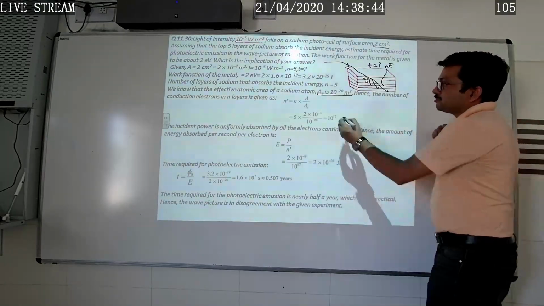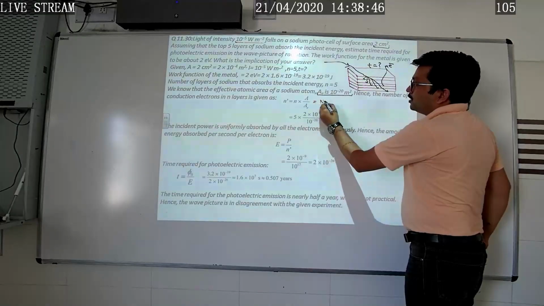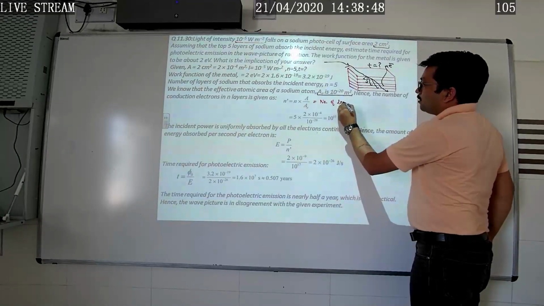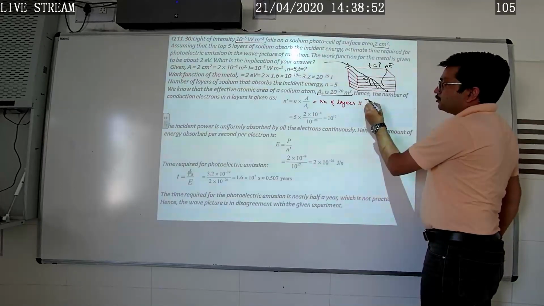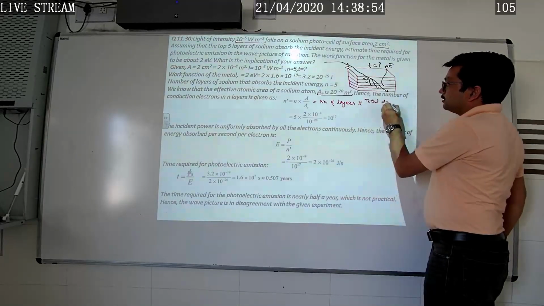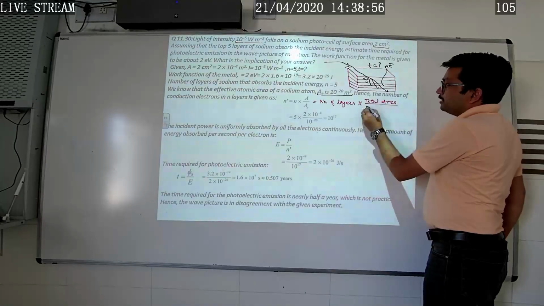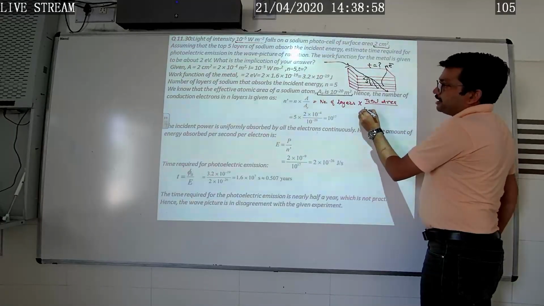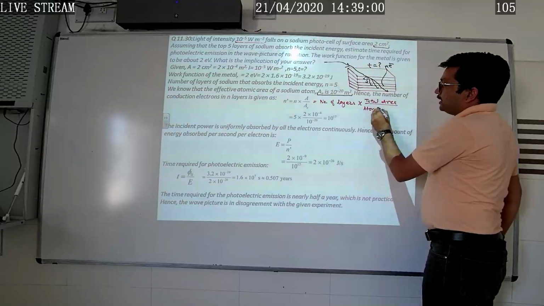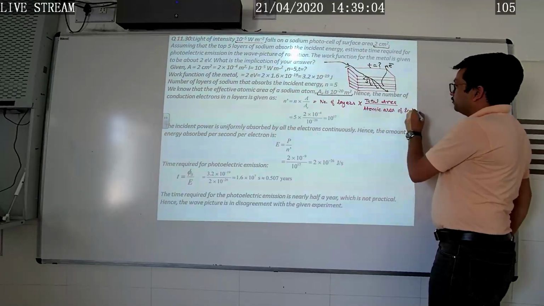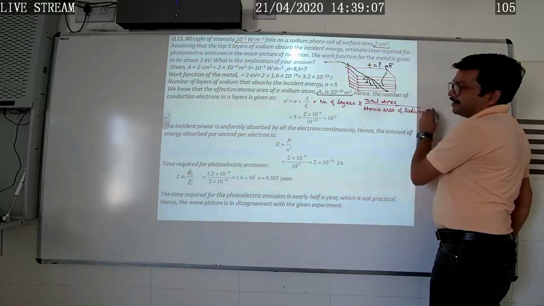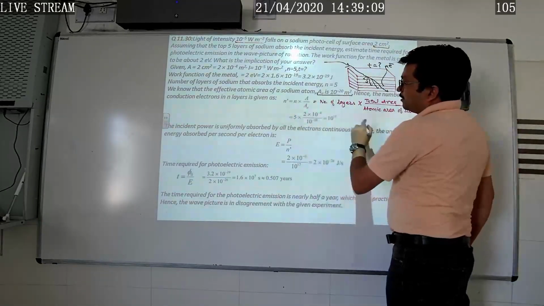How have we written this formula? That is, the number of layers of sodium multiplied by the total area divided by the atomic area of the sodium atom. So that's why here we have the formula.